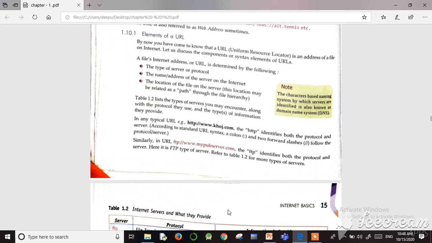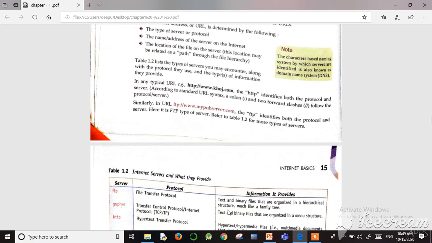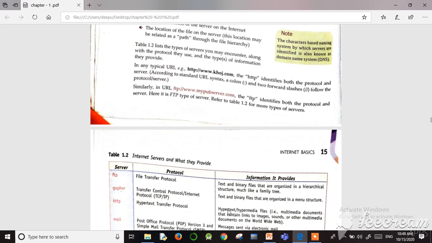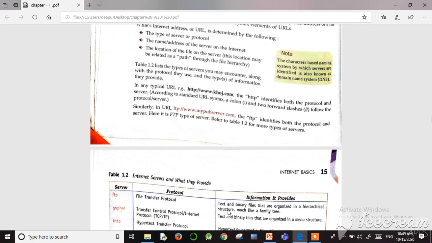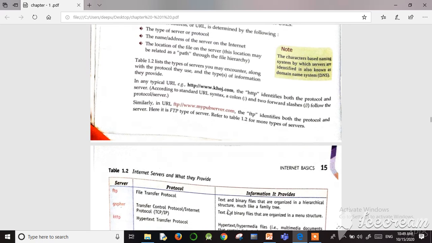Here the ftp identifies both the protocol and the server. So the first part, http or ftp, determines the server and the protocol. Look at the table: both ftp and http act as both the server and the protocol. This is an example.